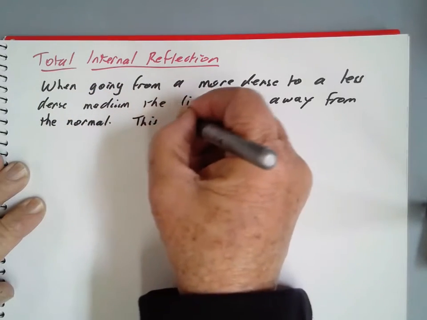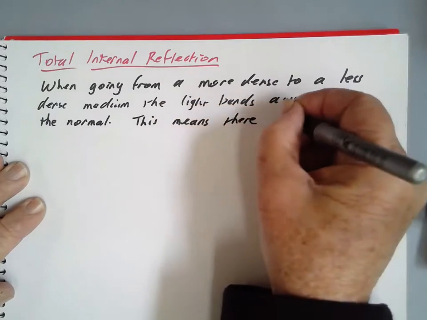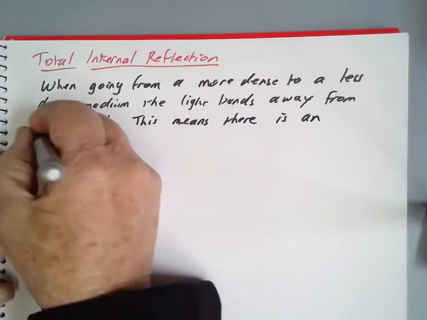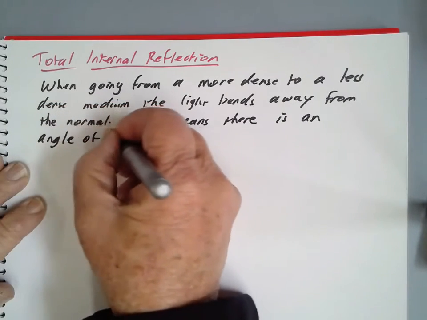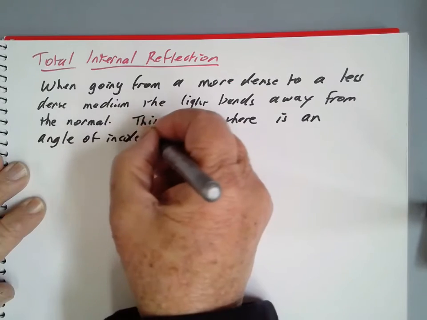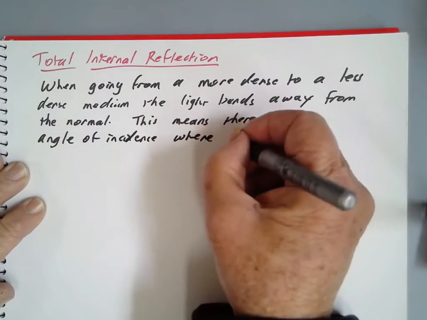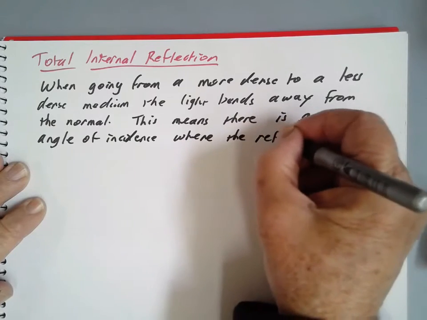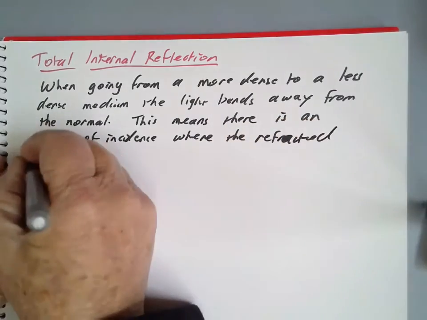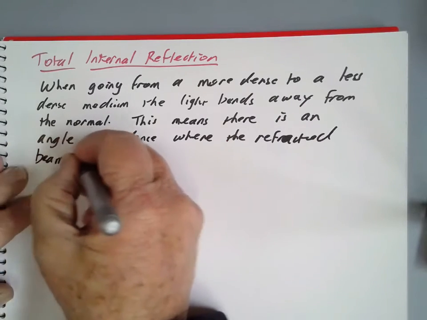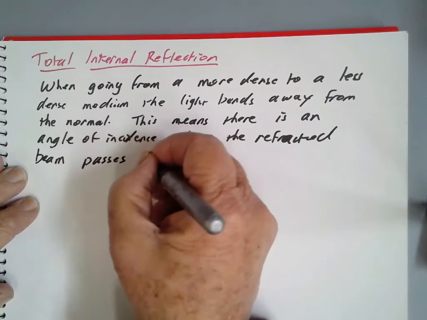This means there is an angle of incidence where the refracted beam passes along the surface.